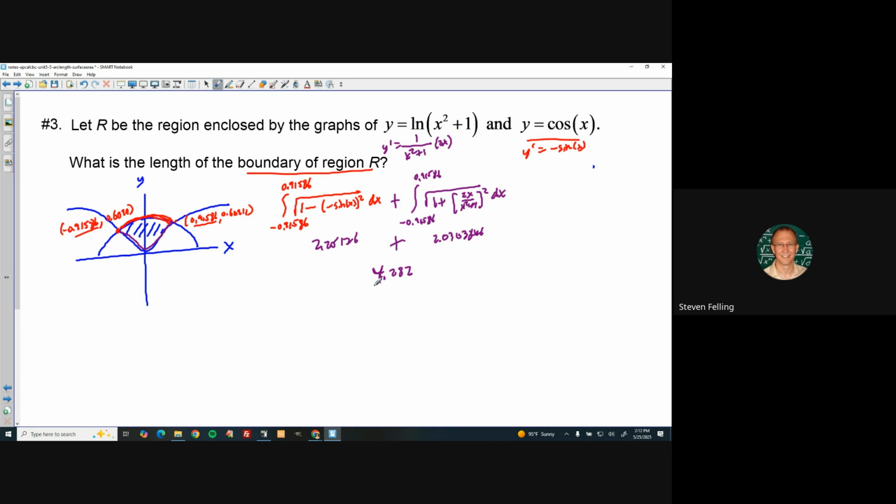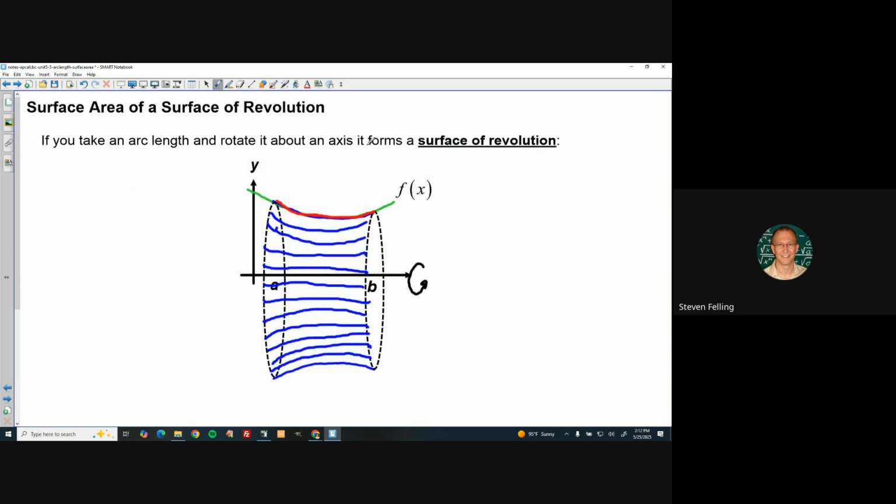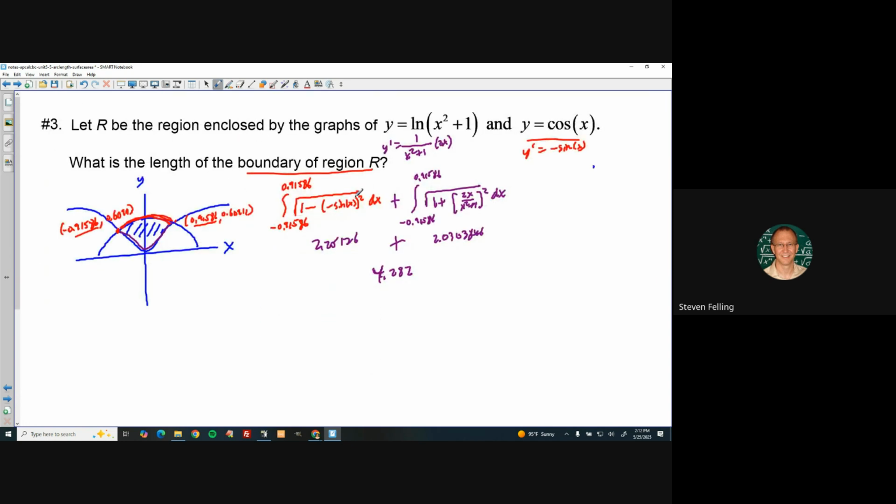All right, I think I should mention one other thing before we go on to the surface area of revolution, the other topic, and that is, why am I always choosing dx? Well, you can actually choose either one. Let's take this red curve for a second.